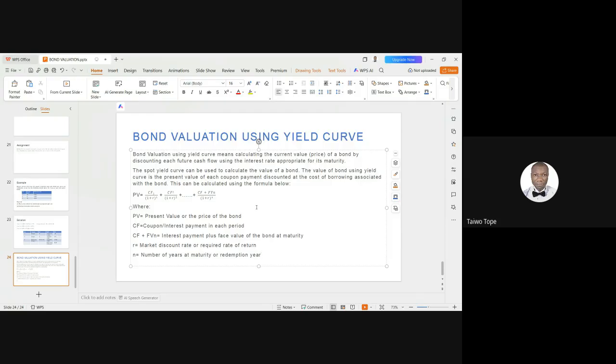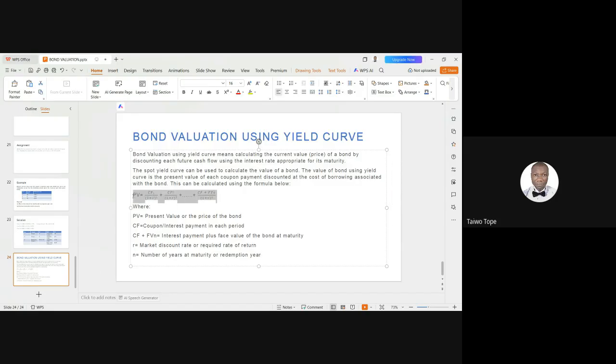When you are solving for year three, you will consider year one, year two, and year three rates in that order, without squaring it, without raising it to the power of that particular year. So because of time, this is what we are expected to do. It's very simple.